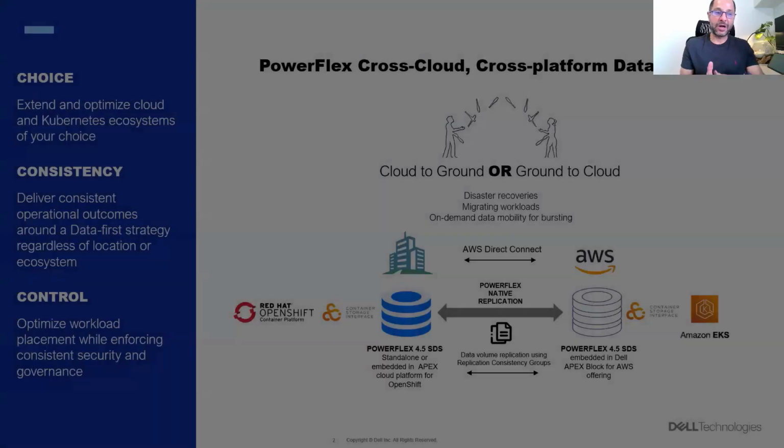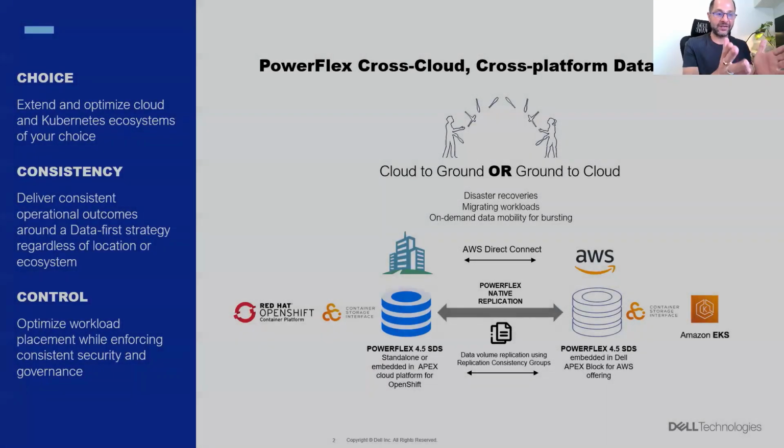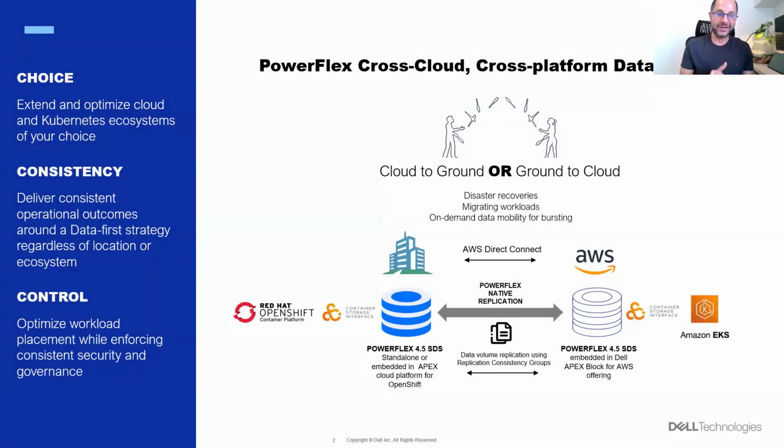And I want to conclude by saying that the things we've written here in terms of choice can help you extend and optimize cloud footprints and Kubernetes ecosystems of your choice, number one. Second is the consistency, and you saw that. You can deliver consistent operational outcomes, especially when you have data.